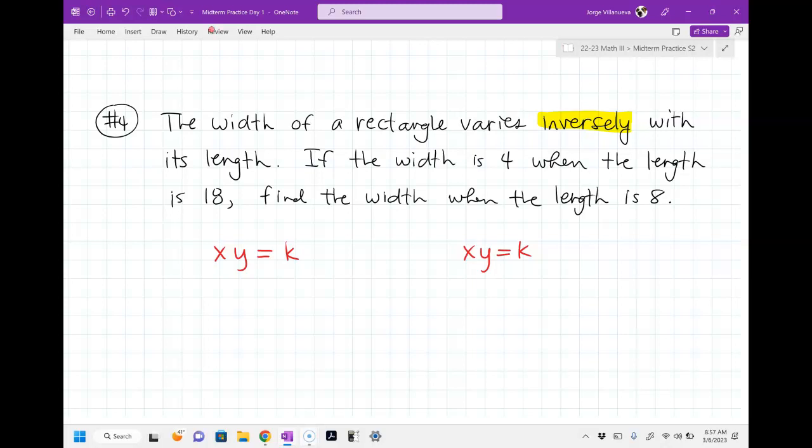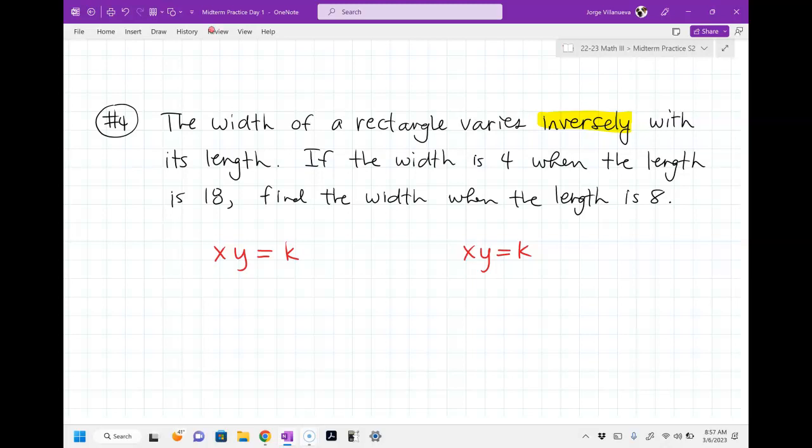So it says the width of a rectangle varies inversely to its length. If the width is 4 and the length is 18, find the width when the length is 8. I'm like, why are they repeating? But no, one was 18. So I have to basically give one of those things, width or length, an x or a y value. It doesn't really matter.